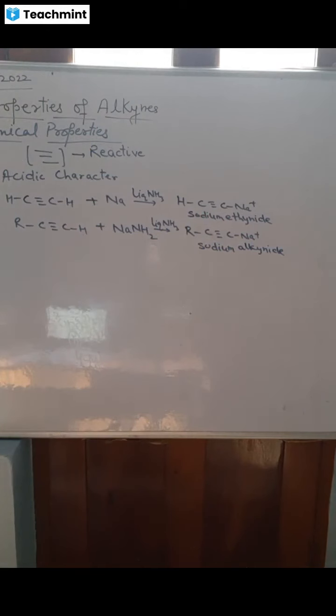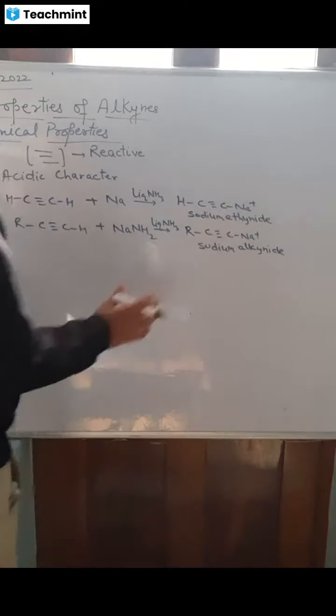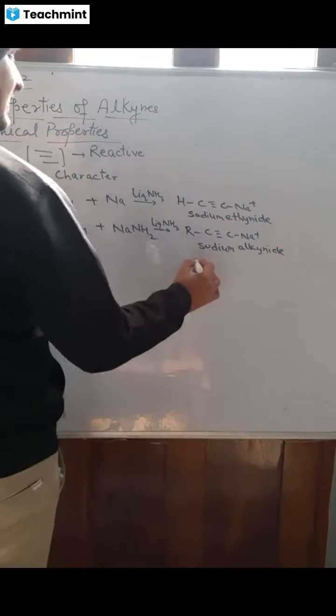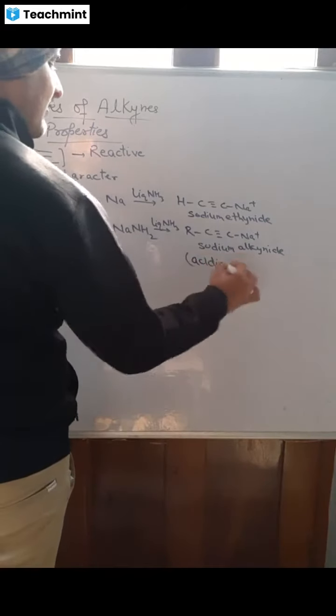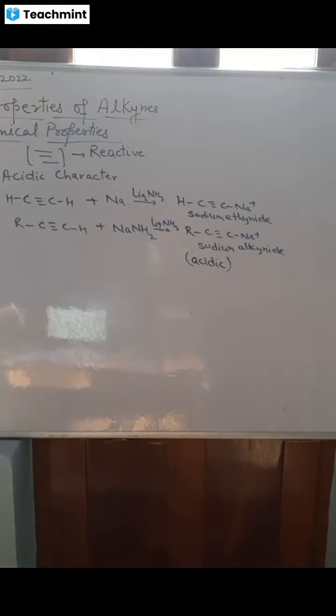So alkanes and alkenes are not acidic, but alkynes are acidic in nature in comparison to both. Due to the formation of these positive ions, they can react like acids. They have acidic character.